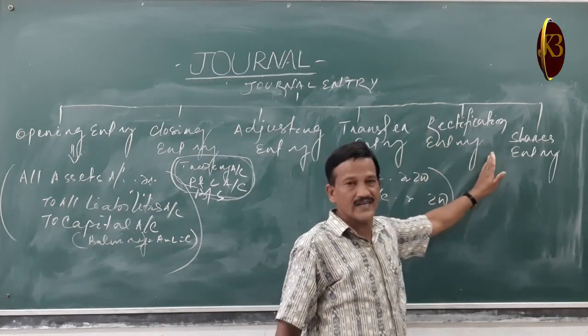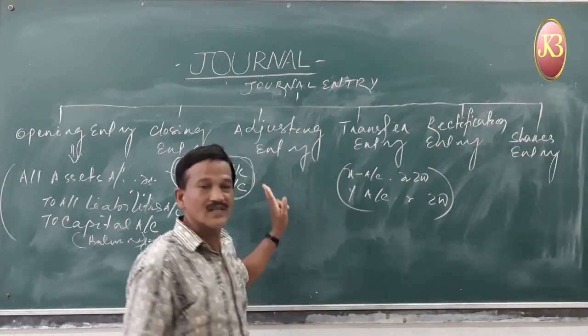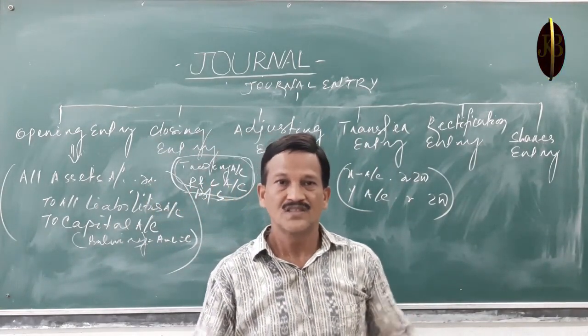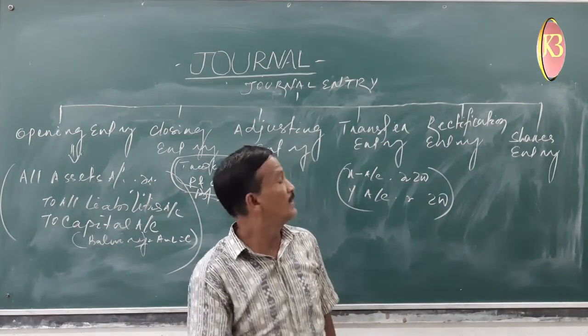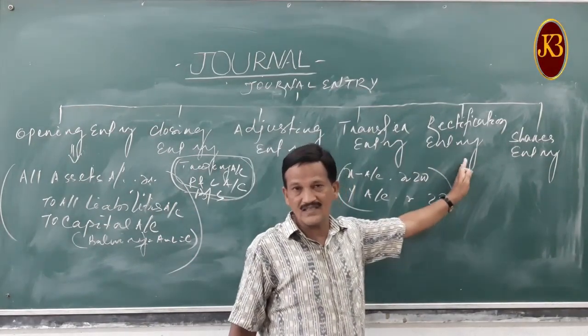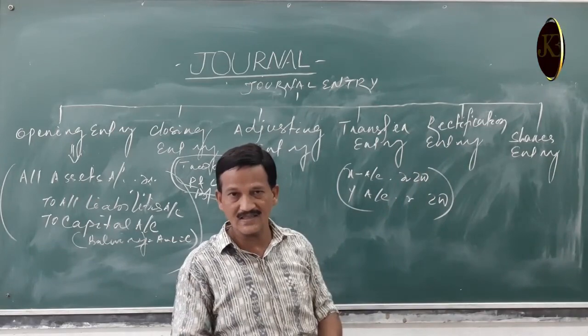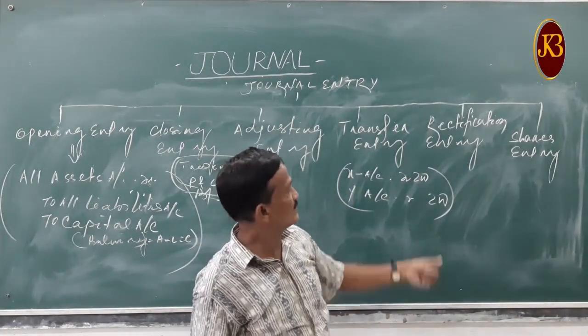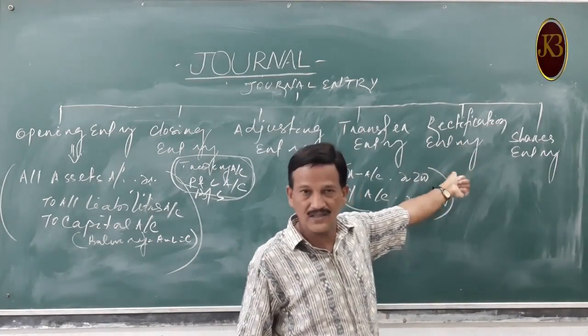Then rectification entries. This is the journal entry for a wrong entry or mistake done. This entry is to be rectified by passing journal entries, called rectification entries. That means errors and mistakes are rectified by passing a journal entry.